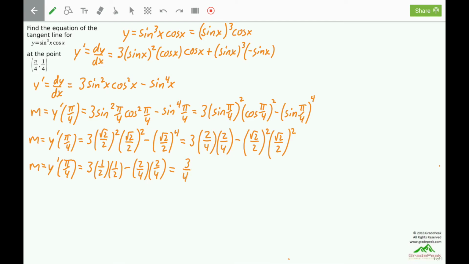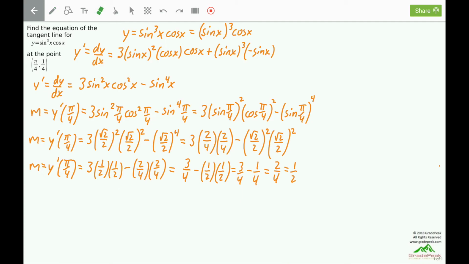Multiply the denominators. 2 times 2 is a 4. And then we have minus a 2 over 4 and another 2 over 4, which can reduce to a 1/2 and a 1/2. And we'll have 3 over 4 minus, multiply the numerators 1, multiply the denominators 4. These are already over a common denominator. 3 minus 1 is 2. 2 over 4 can reduce to 1/2.